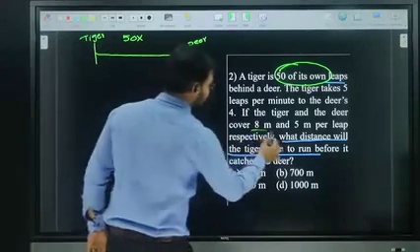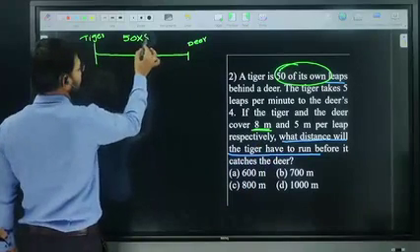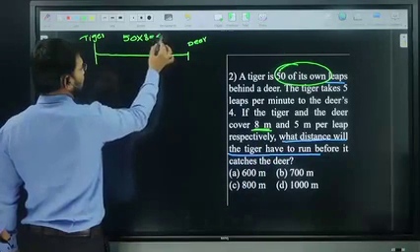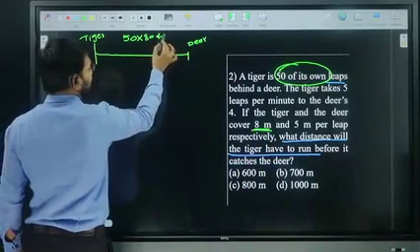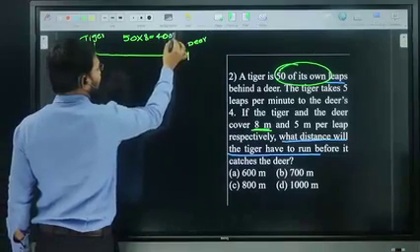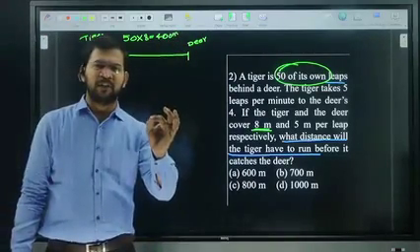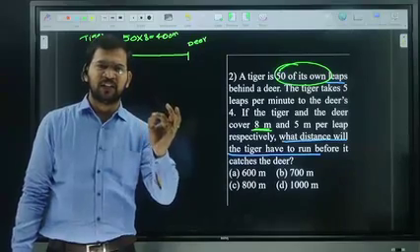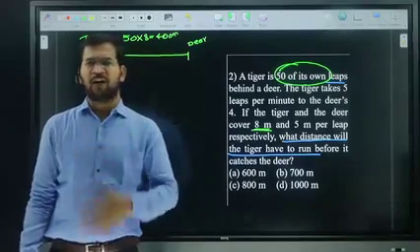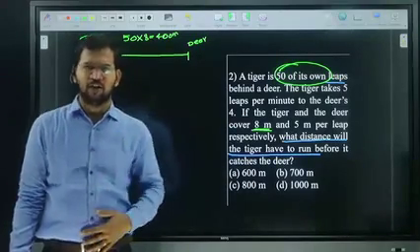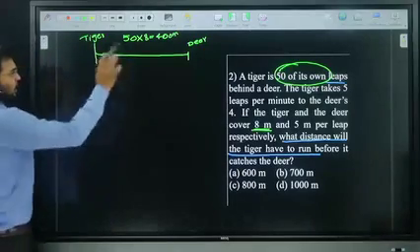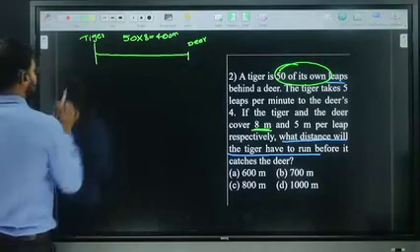One leap of the tiger is 8 meters, so 50 into 8. Therefore the initial gap between the tiger and the deer is 400 meters.